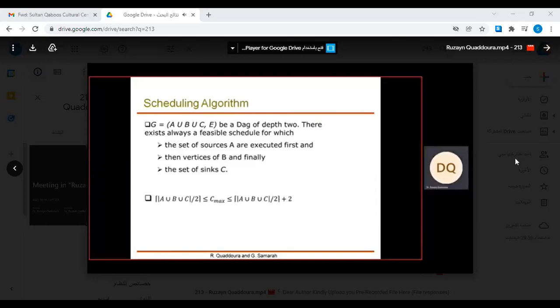From this remark, we conclude that any optimal schedule must satisfy the following inequality: Cmax is greater than or equal to ceil of |A union B union C| over 2, and smaller than or equal to ceil of |A union B union C| over 2 plus 2.